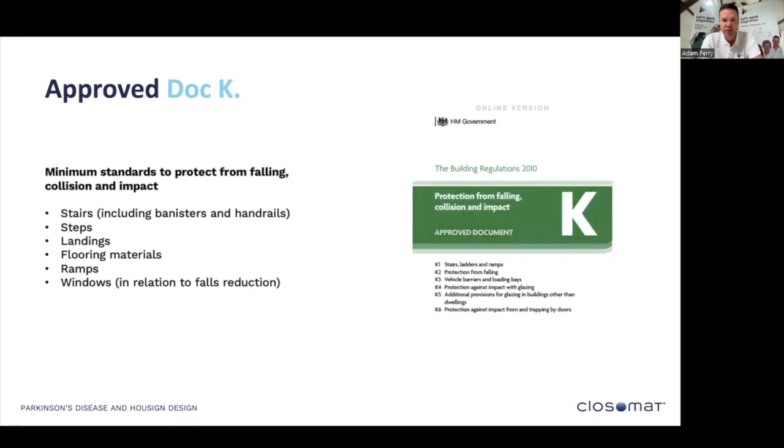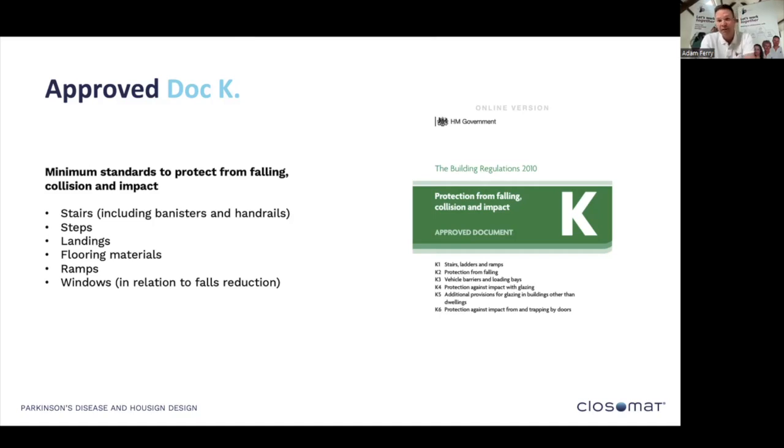And the same with Approved Document K, but it covers stairs, steps, landings, flooring material, ramps, and windows in relation to falls. So window securing and fastening, that sort of thing. But there are really good diagrams and drawings and guidance there around what stairs should look like, what the minimum standards for stair design should be, where banisters should be placed, where handrails should be, what flooring material should be used, what's classed as anti-slip and not, and the different categorizations.